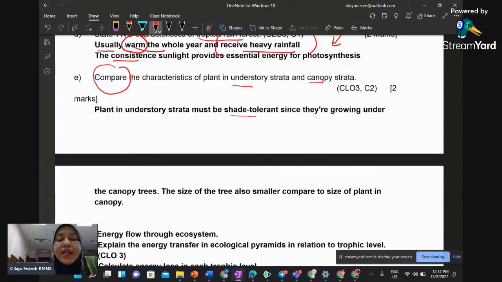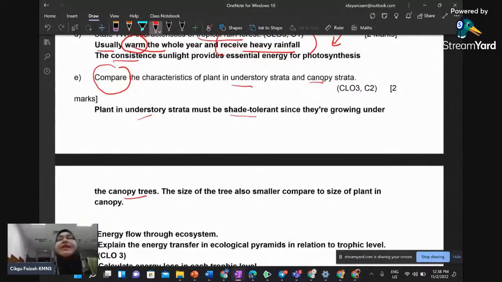So that's why compared to canopy, understory kena lebih teduh lagi, toleransi dia terhadap cahaya tu kurang, but they still need cahaya. But in terms of comparison of shade tolerance, the canopy tree is more tolerant compared to the understory tree, right?